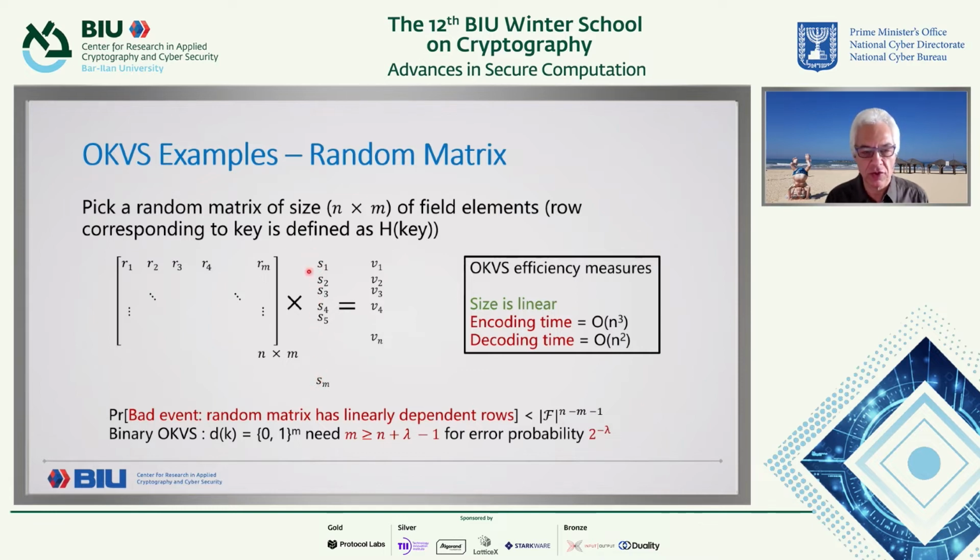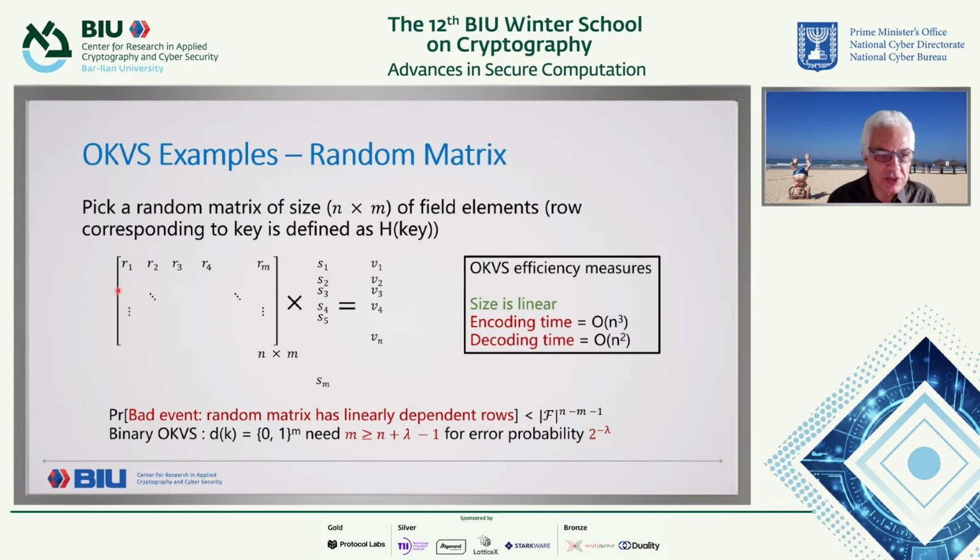If I want to encode a certain set of items, they define a set of linear equations that this table has to satisfy. Then I have to solve these linear equations to find what to store in the table. So the size is going to be linear. That's great. But encoding and decoding require me to solve systems of linear equations.